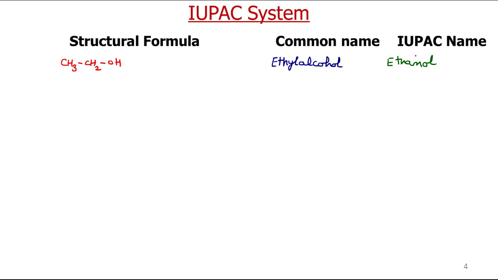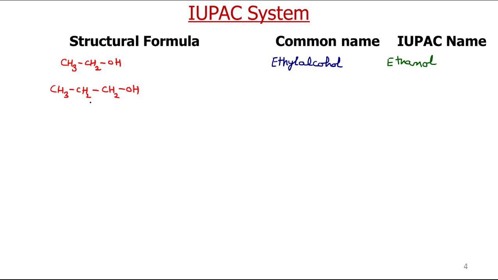Now let us see the second compound, CH3 CH2 CH2OH. So its common name will be, now we have to be very careful. Now there exists a structural isomerism in this compound.